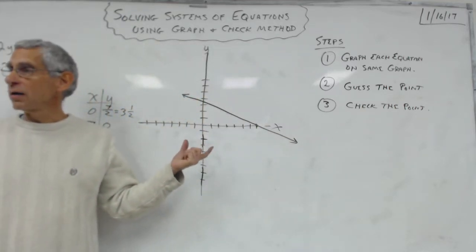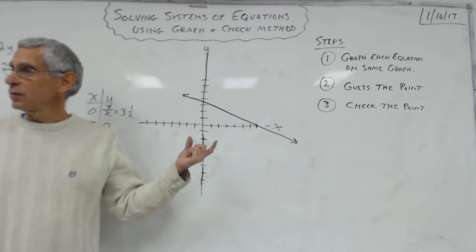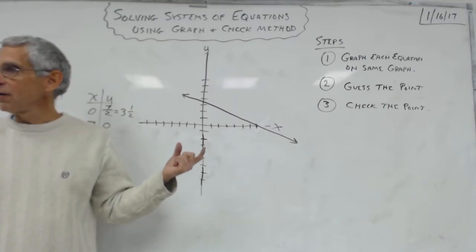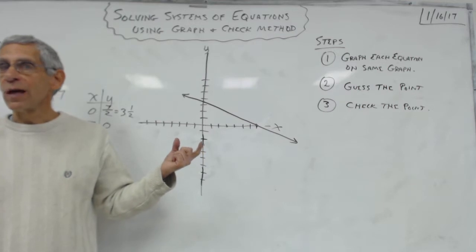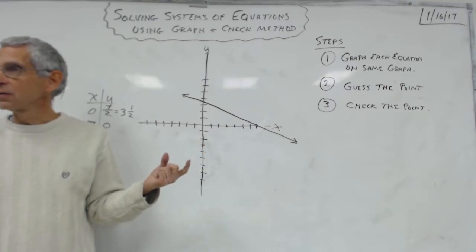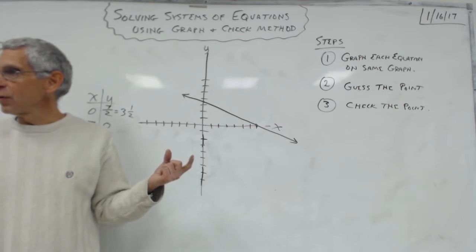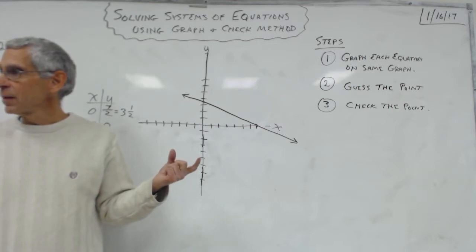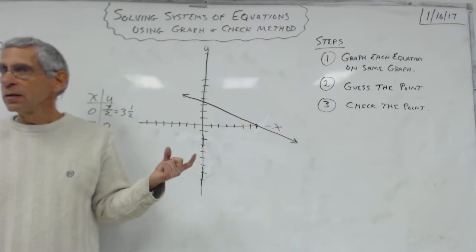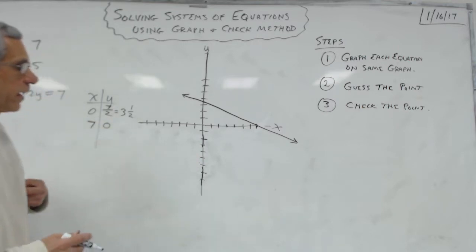One thing that's hard about solving by graphing is you have to be outrageously precise. Otherwise, it's going to be hard to find the point. Does that make sense? Do you see why?